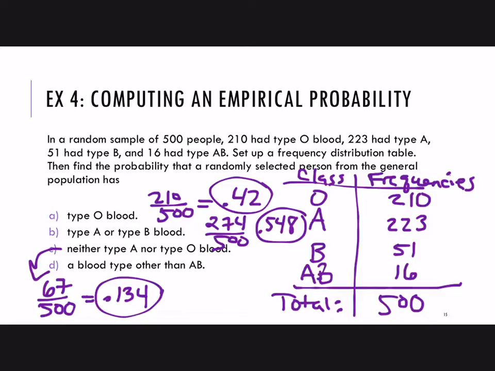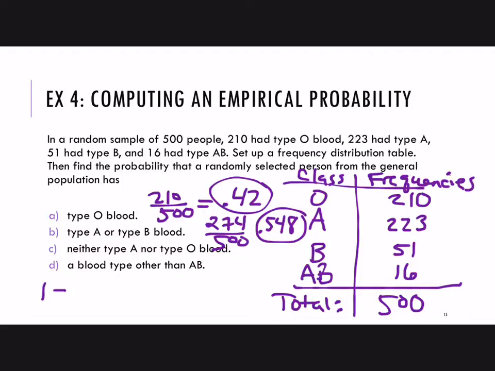Okay, and then finally a blood type other than AB. Well, let's try using a difference to calculate this one. Similar to the last section with finding probability of complements, we want to take the total probability, or 1, and subtract the probability of people with type AB blood.